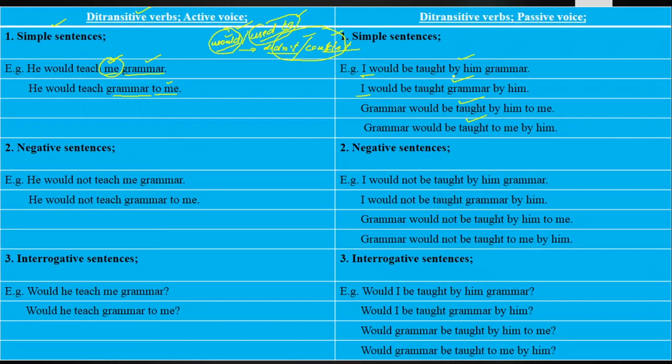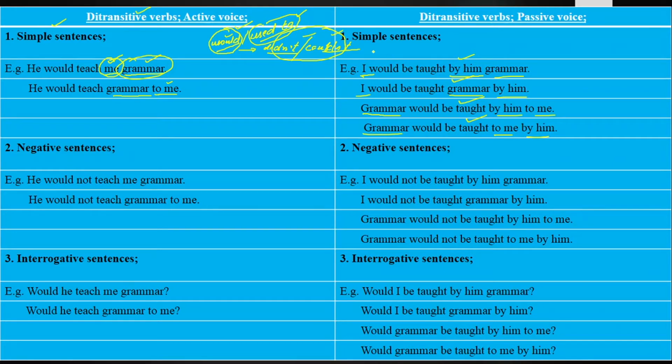But over here you bring by him at the beginning, grammar at the end. Here grammar at the beginning and by him at the end. In the same way, in the third way you bring the direct object first, the grammar first, and after that by him at the beginning, to me at the end, to me at the beginning, by him at the end. So that formula you need to keep in your mind.